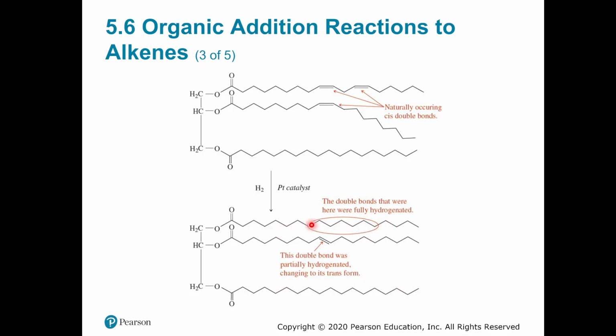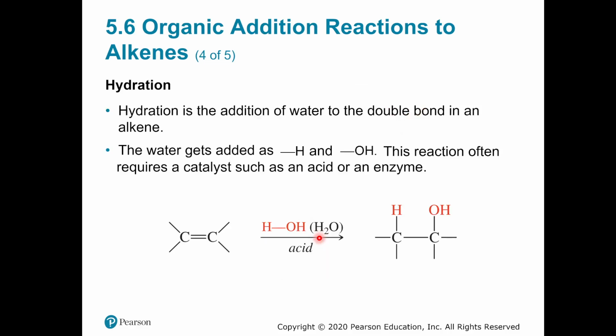And so those are the saturated ones, all with single bonds. But every now and then, one of these double bonds is going to come back, and it's going to come back as a trans fatty acid. Okay? This has health consequences to people. The trans fatty acids do not fit in your cell membranes the same way as a saturated or cis fatty acid. Okay? They don't get used the same by your body.